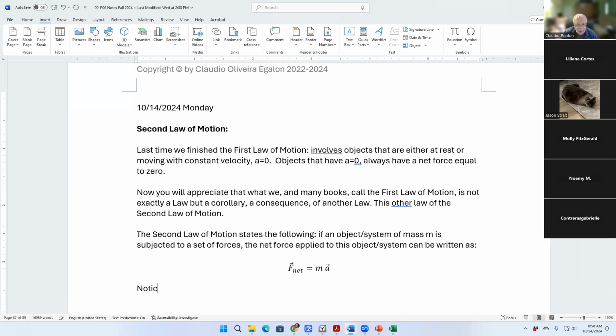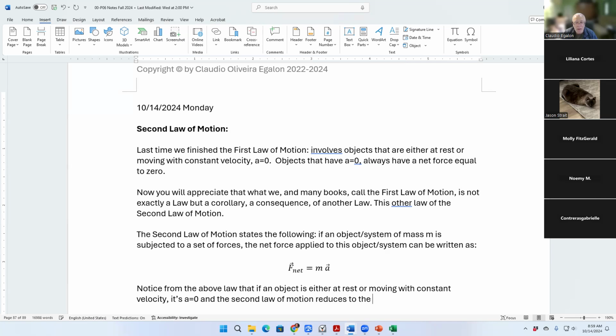Okay? Note this. From the above law, that you have to memorize, okay? From the above law, if an object is either at rest or moving with constant velocity, its acceleration will be equal to 0. And the second law of motion reduces to the first law of motion.